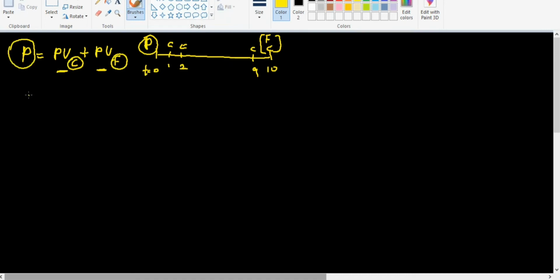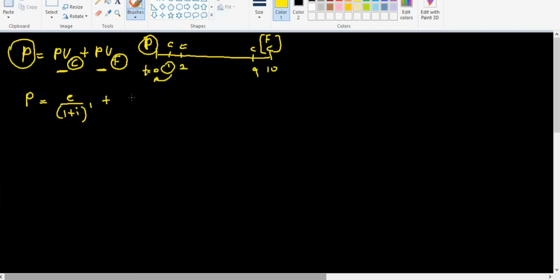So we can write this formula like this: price of the bond equals, for the first payment, the coupon, which we have to discount. Let's take the rate or the yield as i for one period. You have to discount this to this point.